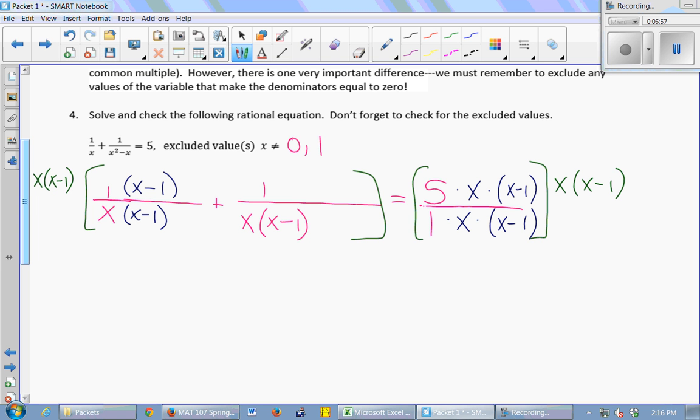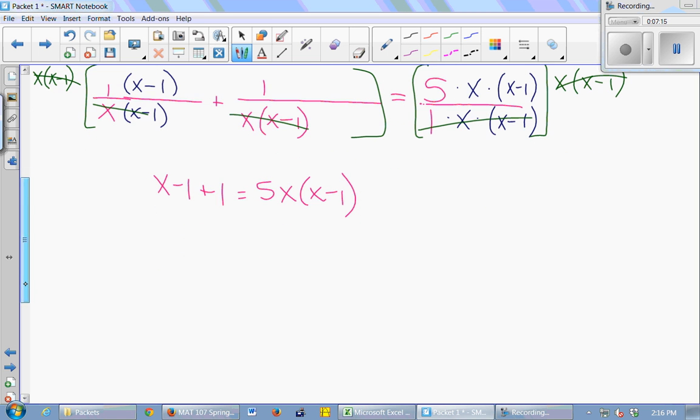When I distribute this x times x minus 1, denominators cancel on the left and on the right, and I just have x minus 1 plus 1 equals 5x times x minus 1. So this is just x equals 5x squared minus 5x. I'm going to get one side equal to 0 by subtracting x from both sides. And then I can factor out an x from the right-hand side.